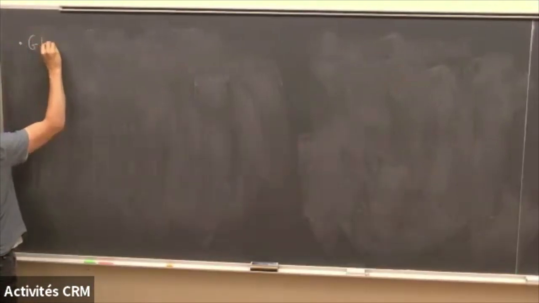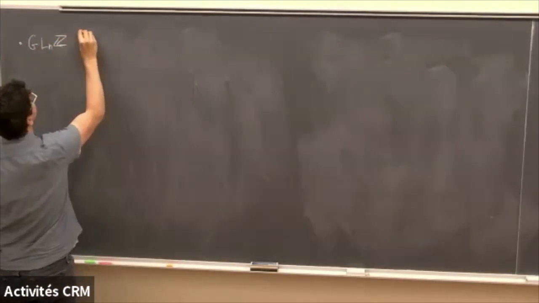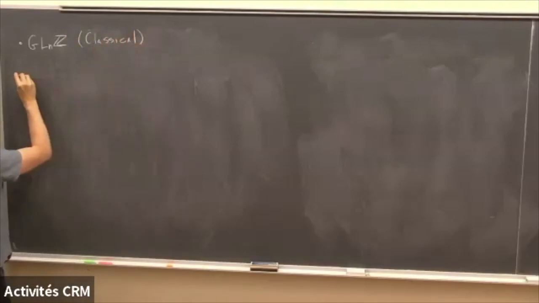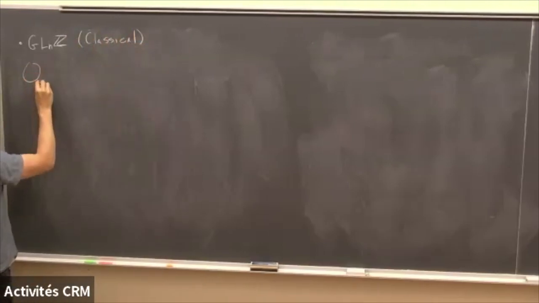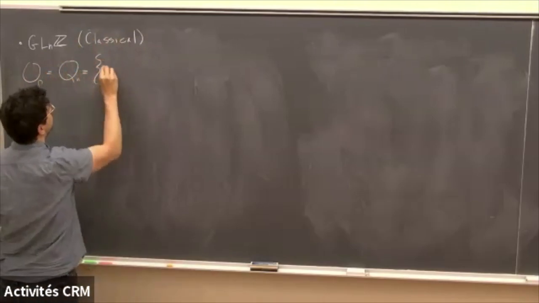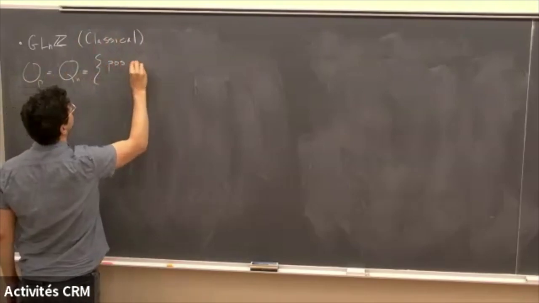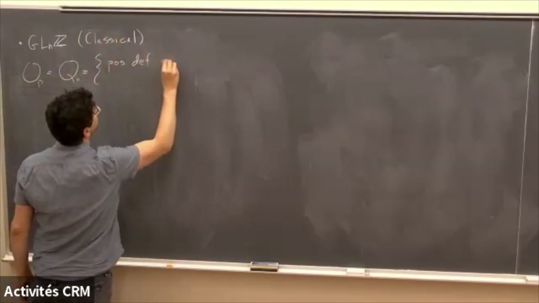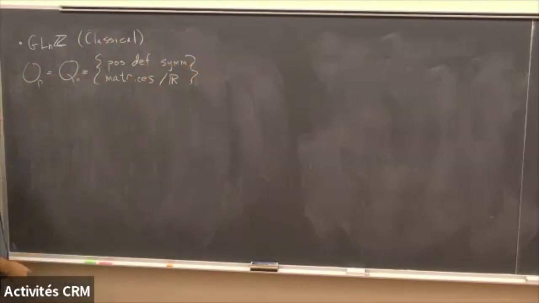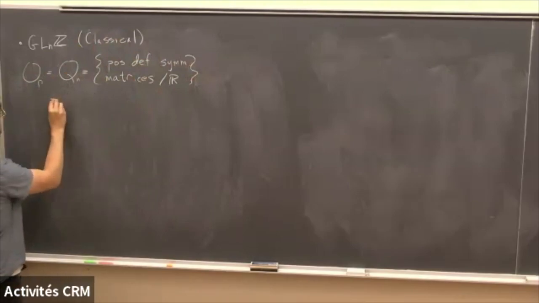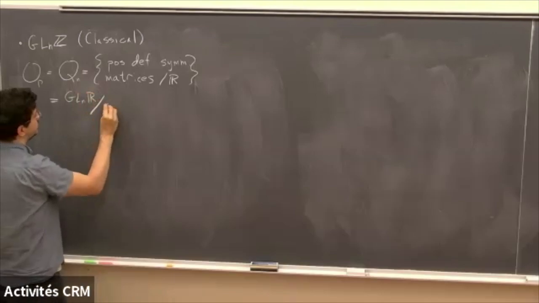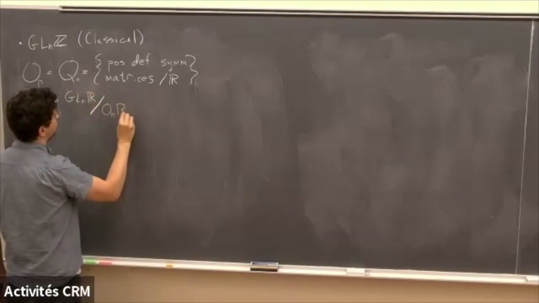Right. So the GL_n(Z) case is classical. And the O_γ in this case is what I'll call Q_n. It's the set of positive definite symmetric matrices over R. If you don't like that, you can also think of this as a symmetric space, or at least a homogeneous space, GL_n(R) mod O_n(R).